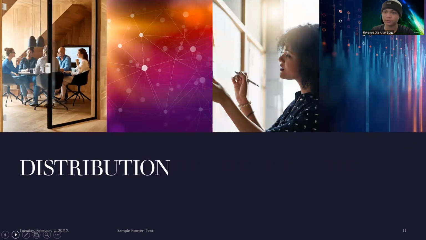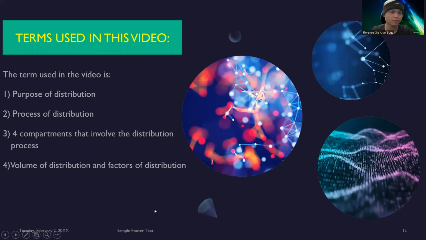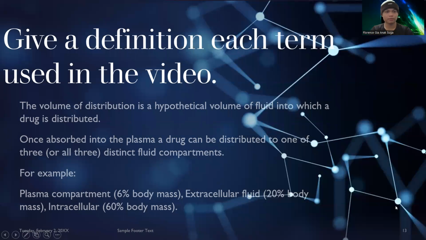So let's move on to distribution. The terms used in the videos are the purpose of distribution, the process of distribution, which includes the four compartments involved, and also, last but not least, volume of distribution and factors of distribution. The definition of volume of distribution is a hypothetical volume of fluid into which a drug is distributed.